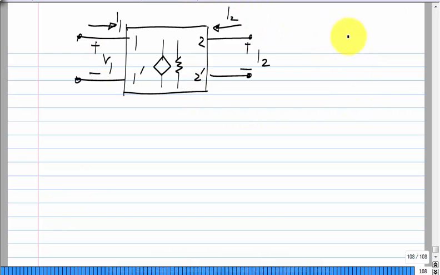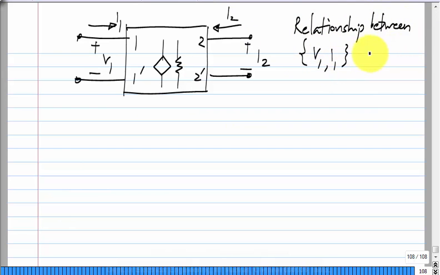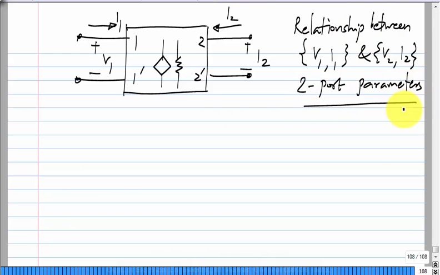So, we have this relationship between these, which are what are known as two port parameters. Okay.